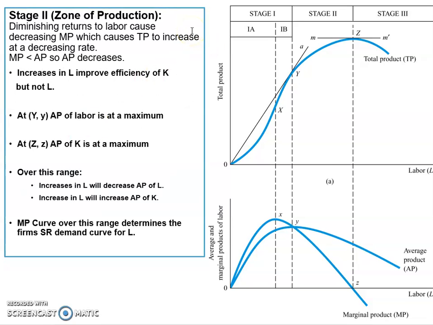Let's see what's going on in this zone. Well, first off, note that we have increasing total product over this stage. But we have decreasing marginal product and decreasing average product. Why? Well, we already know that diminishing returns has set in. It actually set in at the end of stage 1A.